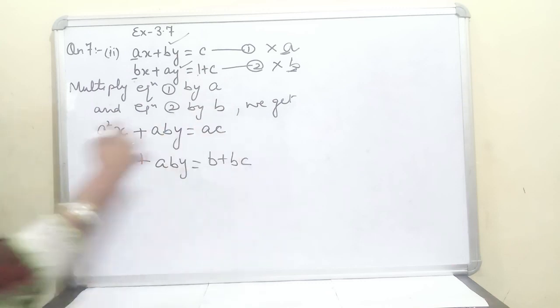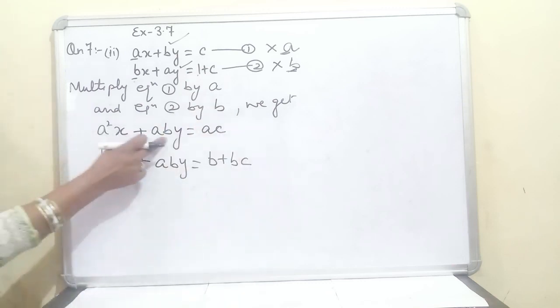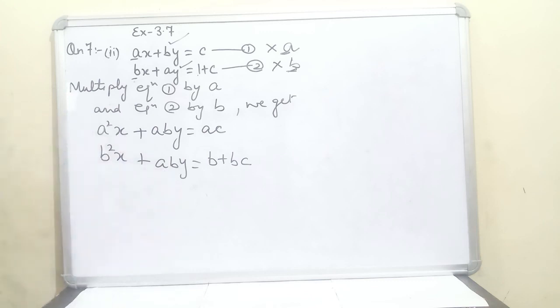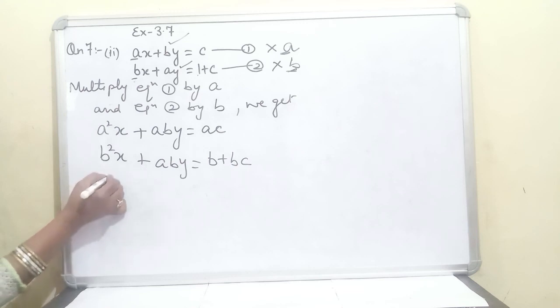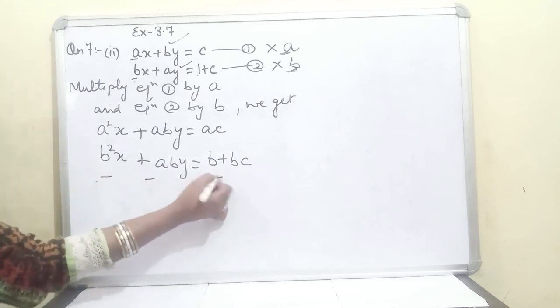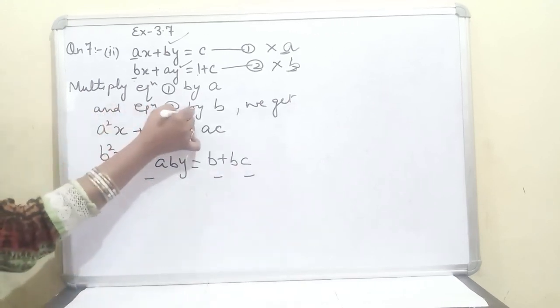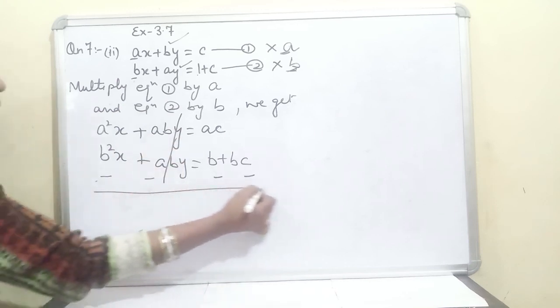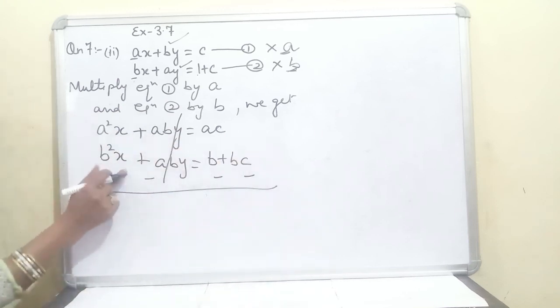Right? Now we have to change the sign because we want to cancel this, so we subtract the two equations. This is minus, minus, minus and minus. It will cancel out. And what do you get here? a square minus b square, because x is common.